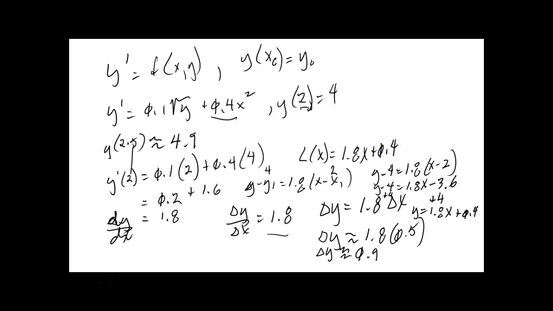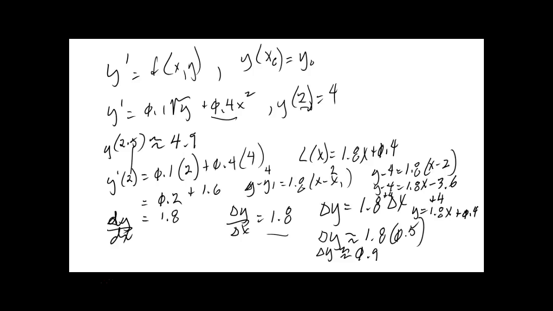And they did it from the slope-intercept form. No, not slope-intercept, point slope form. Okay? Now, what they're going to do next is use this linearization approximation to try to creep toward 2.5 by, say, 0.1 at a time. Okay?